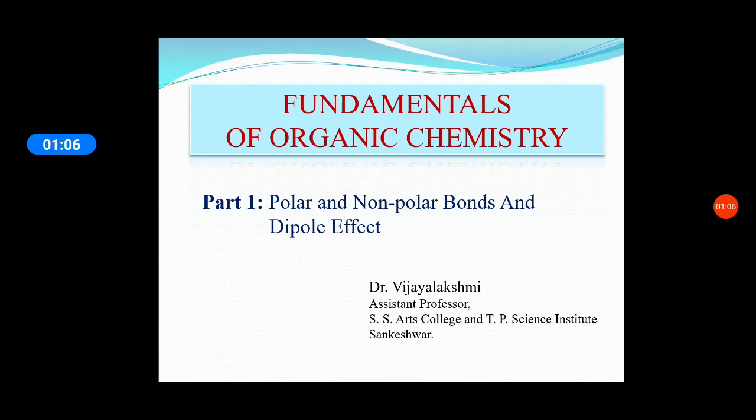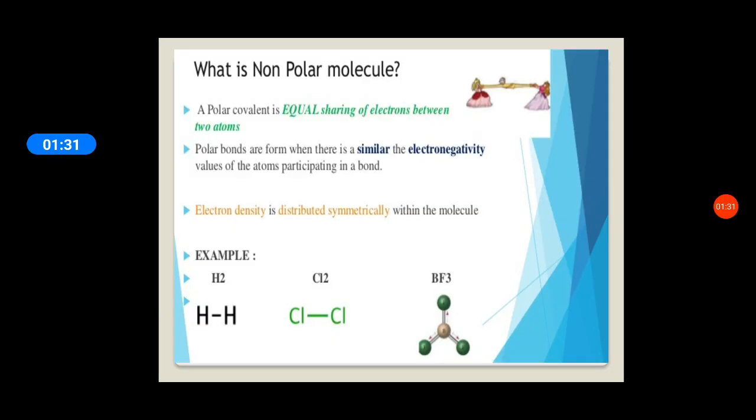For all these reactions, mainly the reactions involve breaking of one covalent bond and formation of another covalent bond. So how do these bonds break? What are the factors that influence the breaking of a covalent bond? That is what we are going to study today.